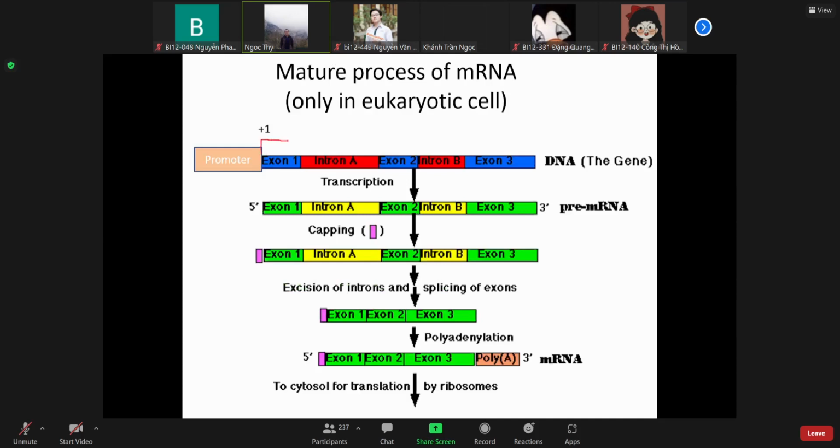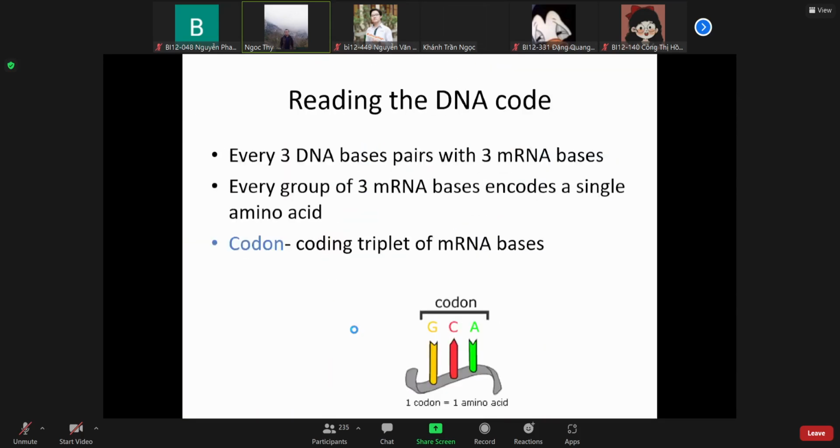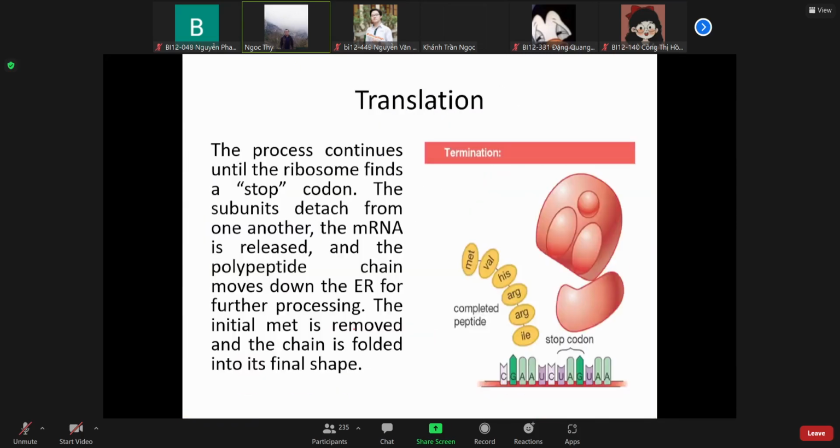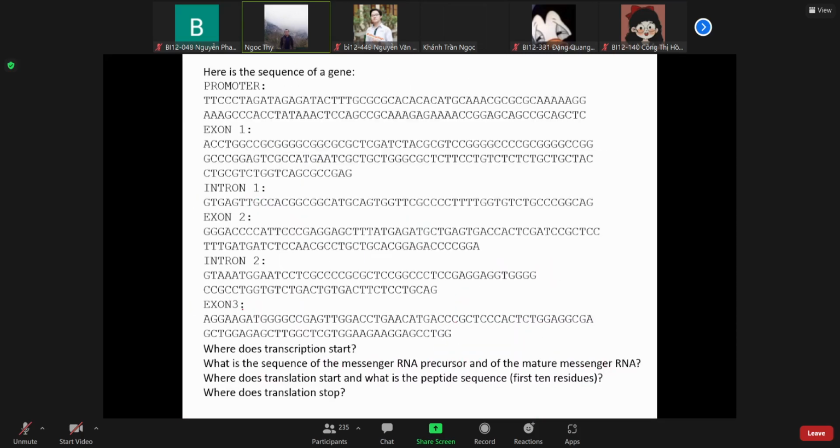So the transcription starts at position +1 here, the transcription starting site. So the transcription starts in exon 1 at the position here. So this is position +1, or the transcription starting site.